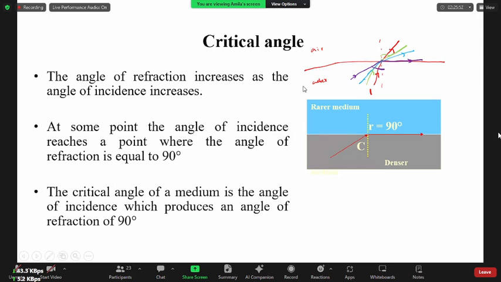Is it clear? So this happens when light travels from a high density medium to a low density medium. If not, the refracted ray tries to bend towards the normal, so you cannot obtain this kind of increasing refracted angle.